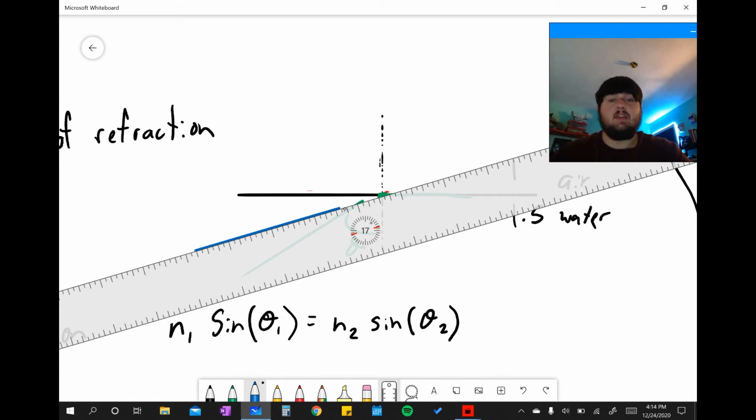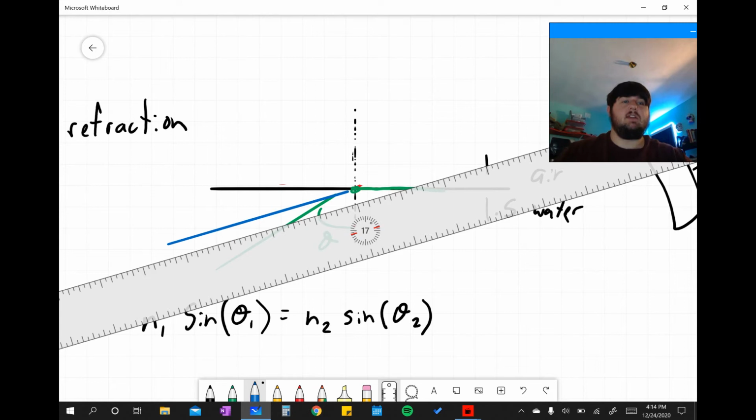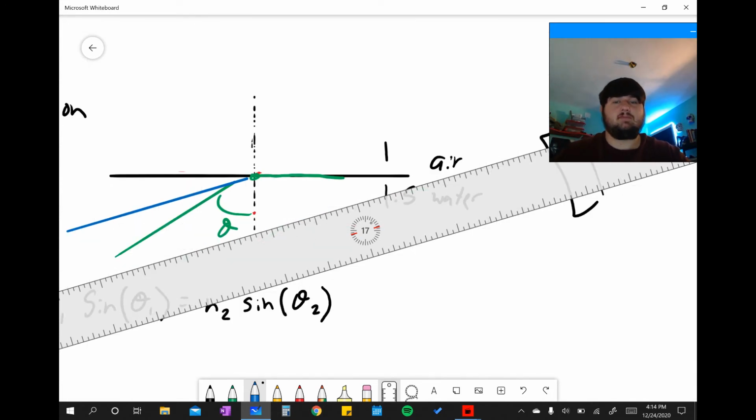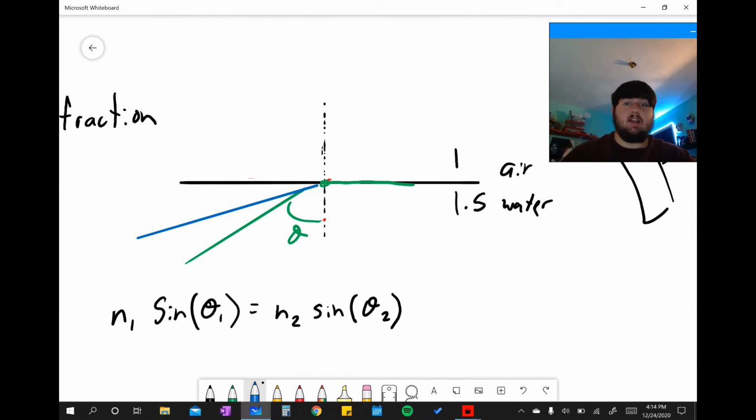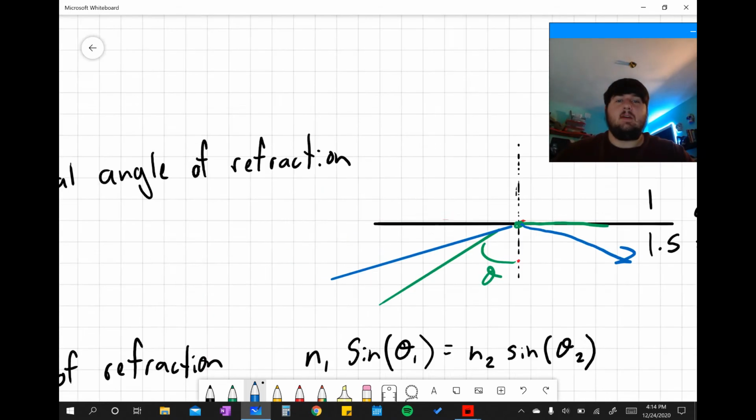And this angle is set by the difference in indexes of refraction. So if a ray of light comes in at an incident angle higher than the critical angle of refraction, it will be totally internally reflected inside the material, and it will never escape.